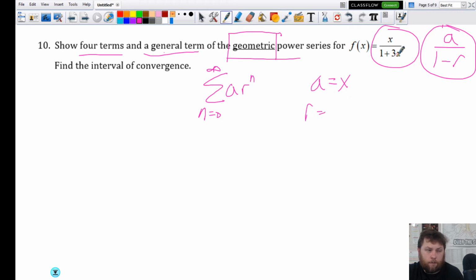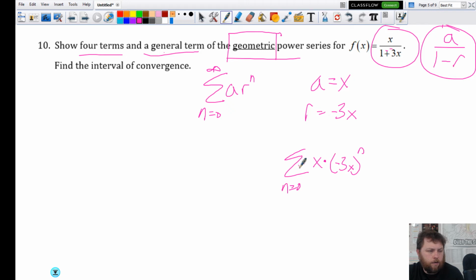It's 1 minus r, but I have a plus 3x, so r is negative 3x, because you break this positive into a minus a negative 3x. Hope that makes sense. So if I did my summation notation, wow, long day, it's going to be x times negative 3x to the n power.